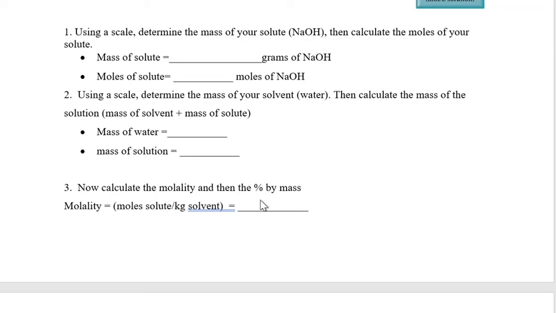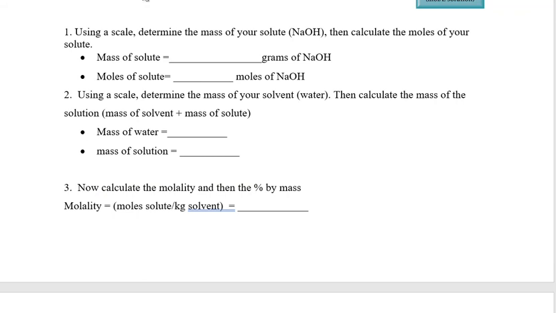So I'm going to say that I have 0.232 moles in 109.23 grams of solvent. That's our water. And then I'm going to convert that to kilograms. So I know that 1,000 grams is equal to 1 kilogram, and so I'll multiply that out and come up with my molality.